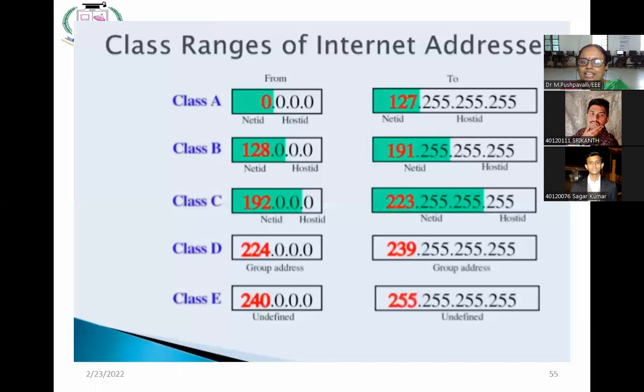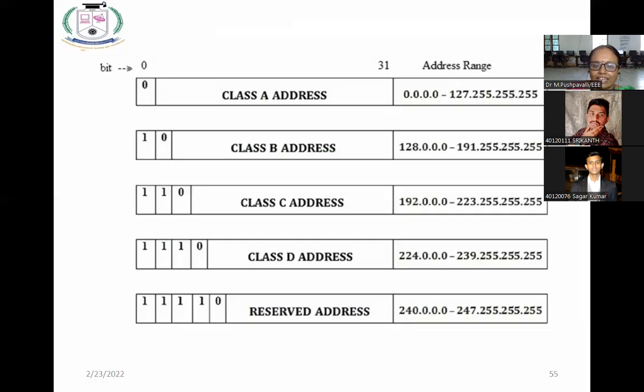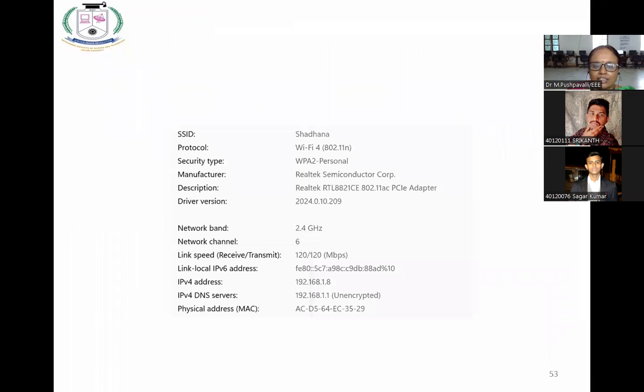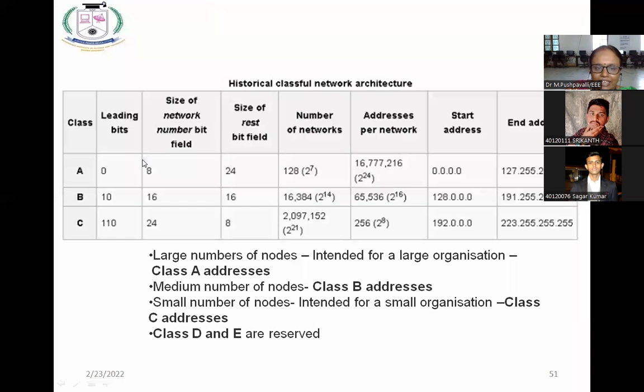You just see how the address field works. This is the 8 bits they will allocate here, 16 bits here, and 24 bits here. So when you see 24 bits, the remaining 8 bits are only for addressing. So 24 plus 8, 32. So these 8 bits only for addressing, 2 power 8 only 256.